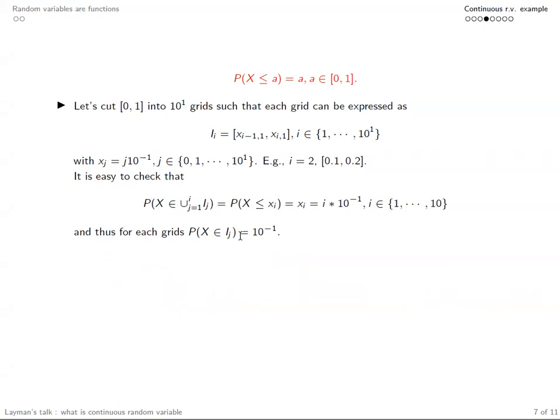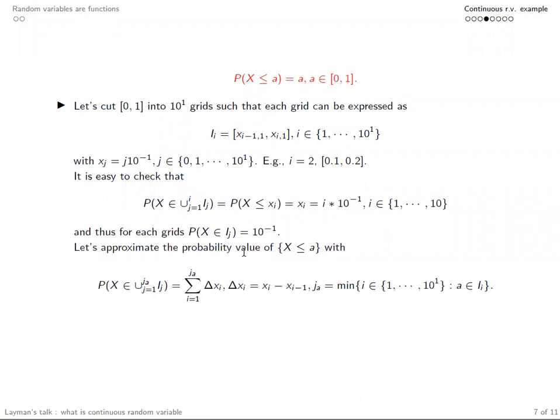So now we consider approximating the probability value of x smaller or equal to a with this function. So basically, here we have 10 pieces. And suppose A is at this position.